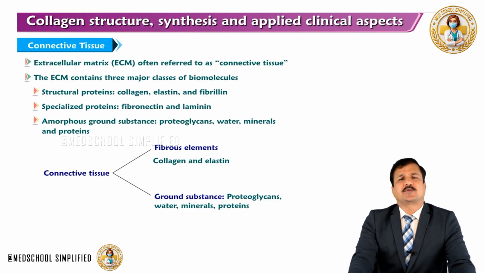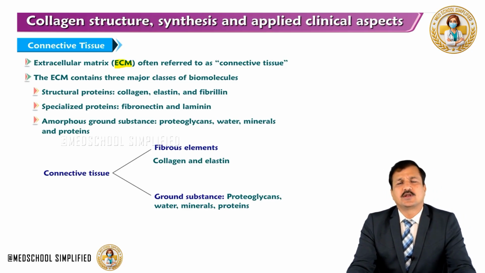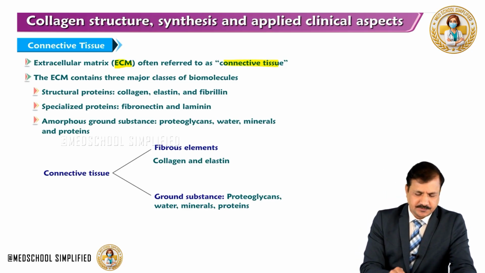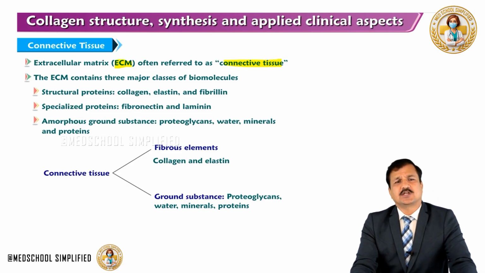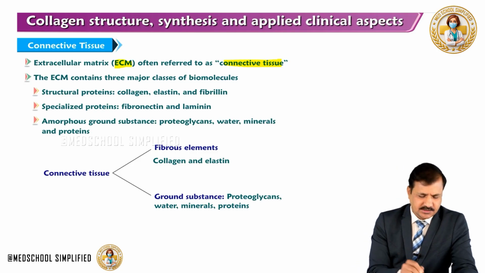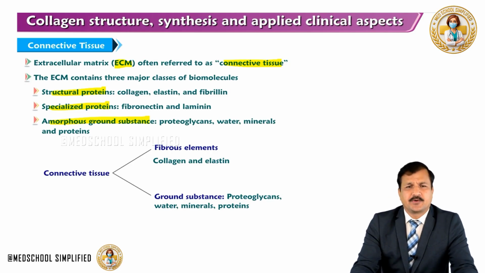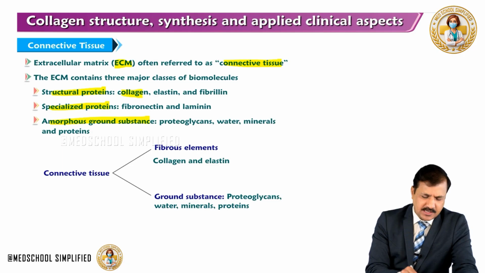You know, the extracellular matrix, which is referred to as ECM, is also known as connective tissue. The extracellular matrix contains three major classes of biomolecules: structural proteins, specialized proteins and amorphous ground substance. Among the structural proteins, we have collagen, elastin and fibrillin.